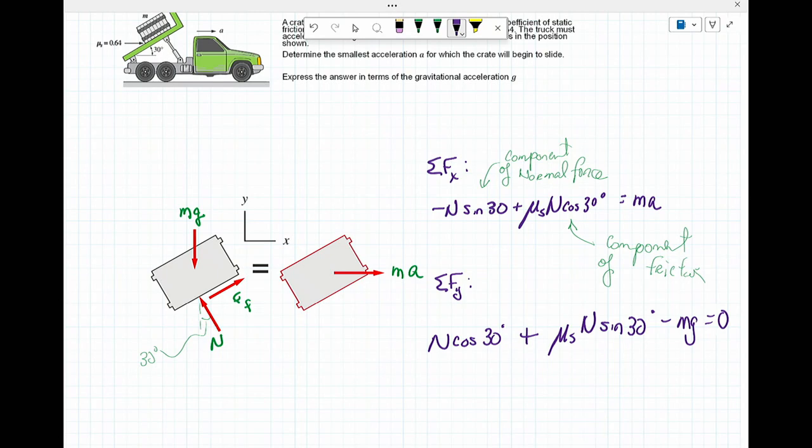Mass times acceleration y is equal to 0 because the block isn't moving up or down.